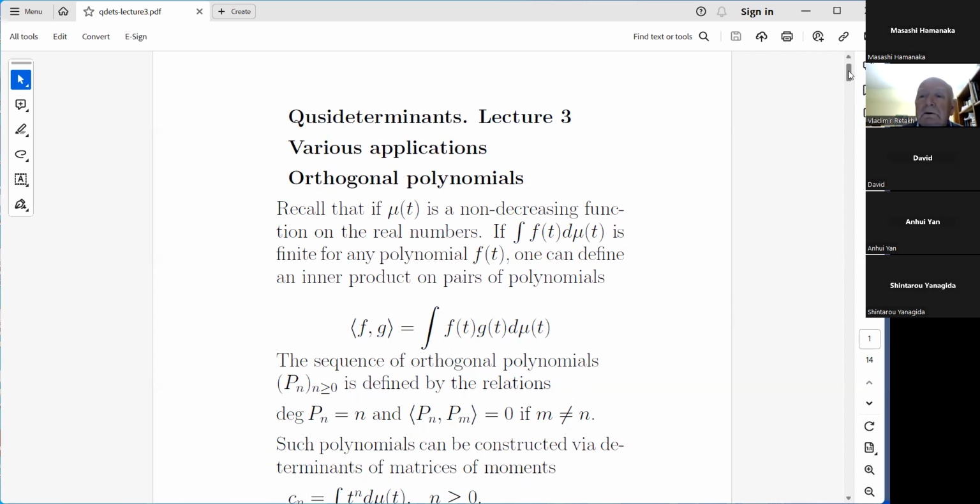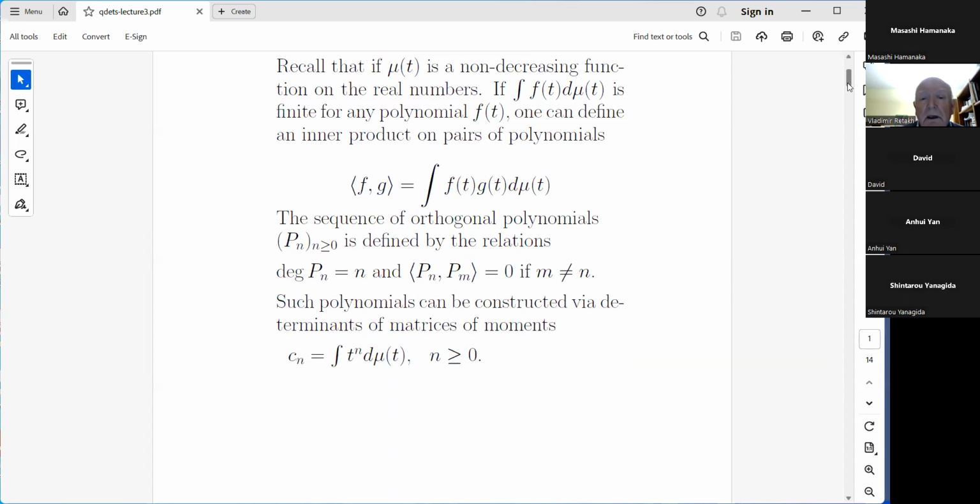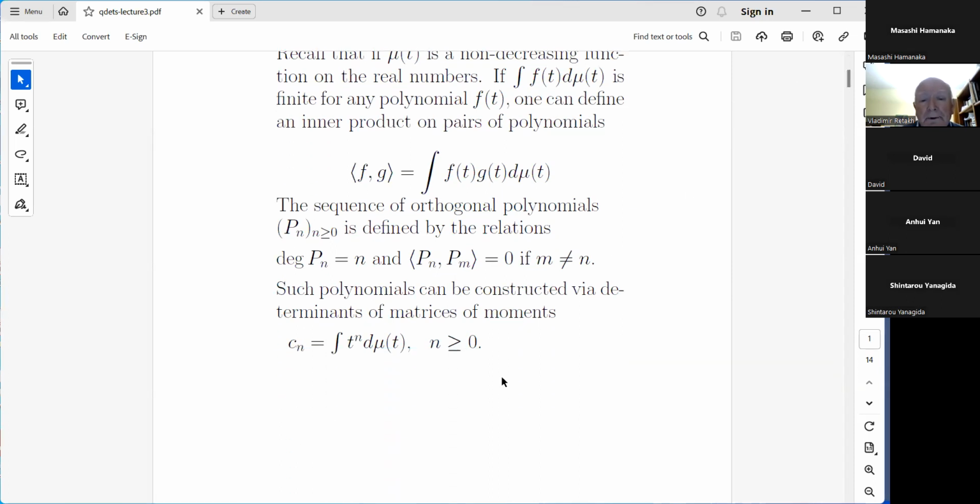You may construct these polynomials in different ways, but one construction is based on determinants of matrices of so-called moments, when you integrate powers t to the n over this measure.